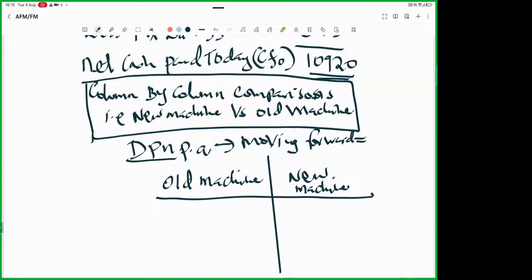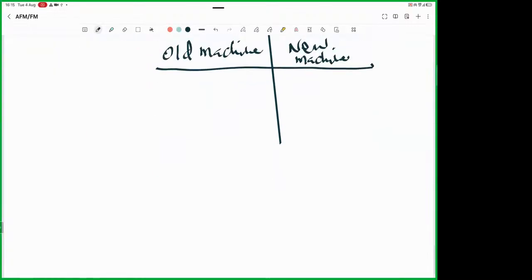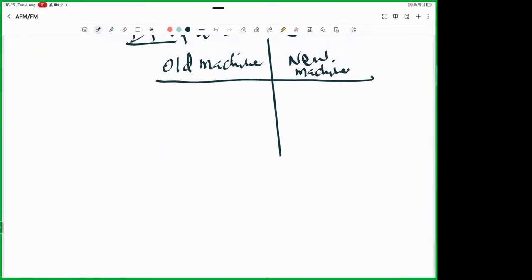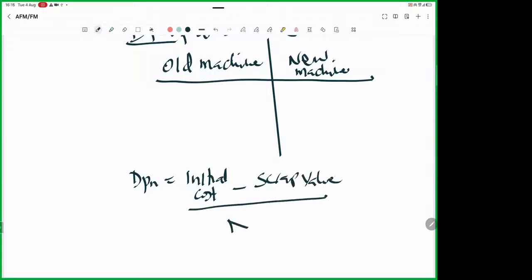The formula is really easy to get, ladies and gentlemen. Depreciation: we are taking the initial cost minus what here, somebody? Scrap value, all over the number of years.